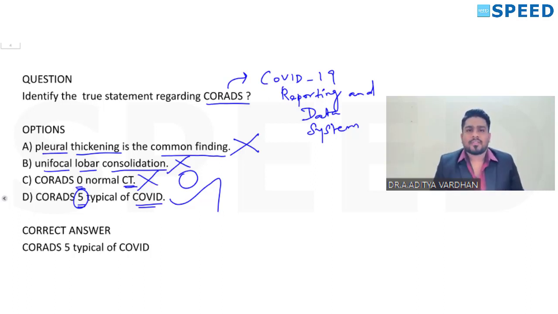This is why they have come up with this question. If you revise my next two slides which I have discussed with you, you will be able to crack these sorts of questions in the upcoming future. Now let's get to the next MCQ.